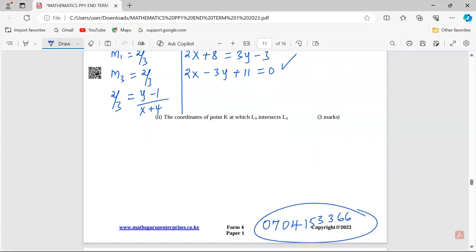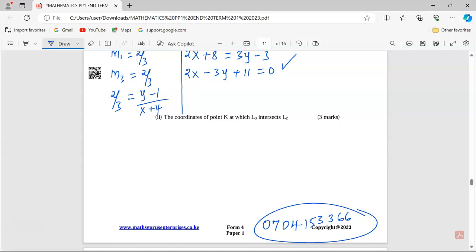The last part: the coordinates of point K at which L3 and L2 intersect. For the point of intersection to be obtained, the two equations have to be solved simultaneously. Remember, if the two equations are plotted, their point of intersection will be the simultaneous solution of the two equations.